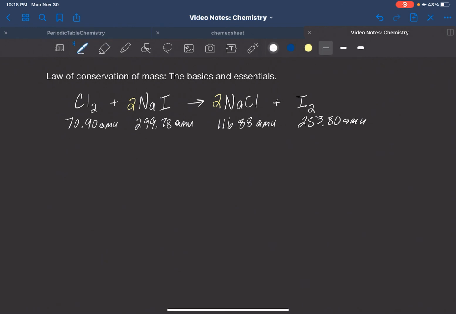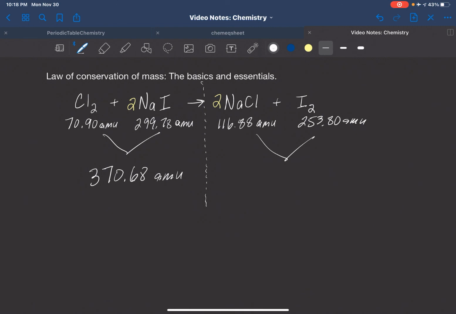All right, so now let's get all this out of the way. I'm just drawing this dotted line so you can see the difference between the reactant side and the product side, okay? So if we add these two numbers together, 70.90 plus 299.78, we get 370.68, and of course that's AMU, because you can add like units, correct?